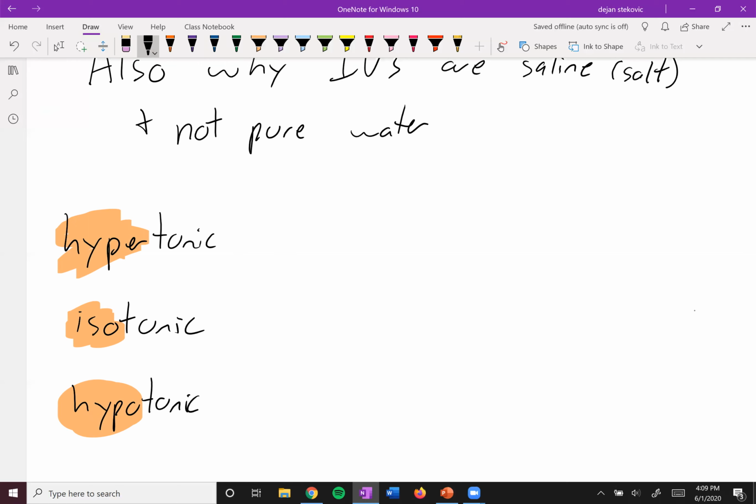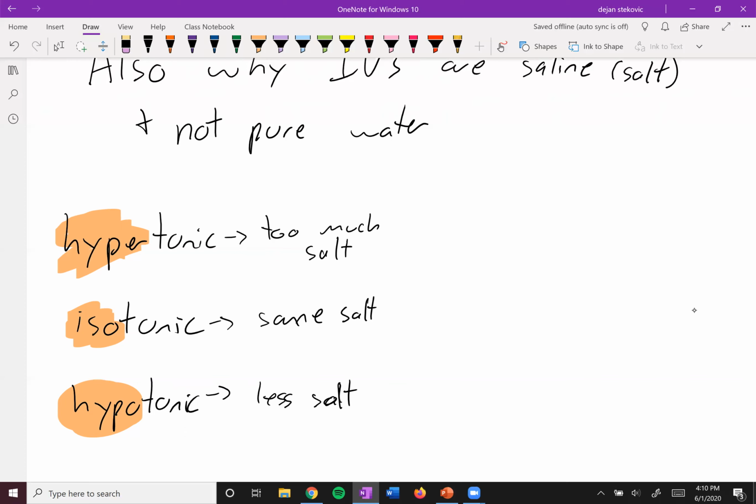Hypothermia means that you're cold and have a low amount of heat. So hypertonic is too much salt. Isotonic is the same amount of salt, and hypotonic is less salt. Generally we're talking about a hypertonic solution, isotonic solution, hypotonic solution.